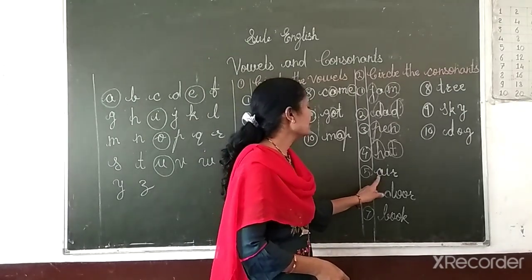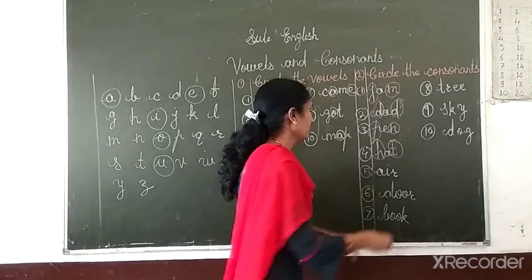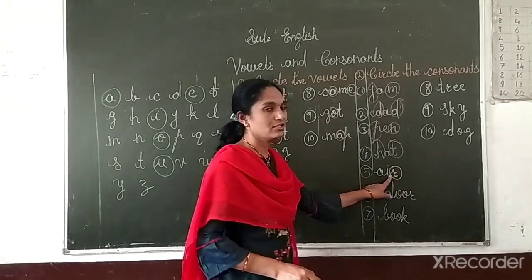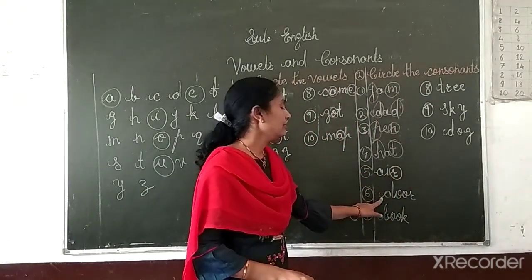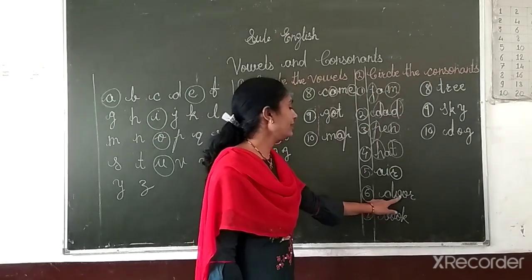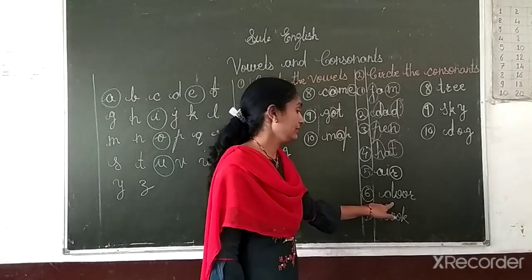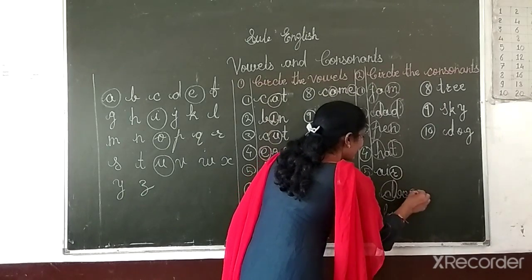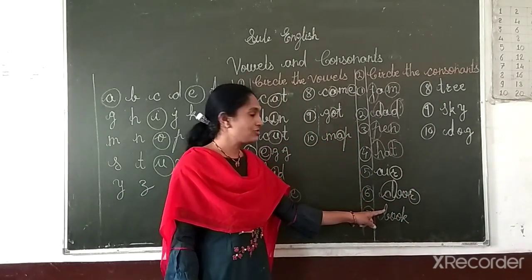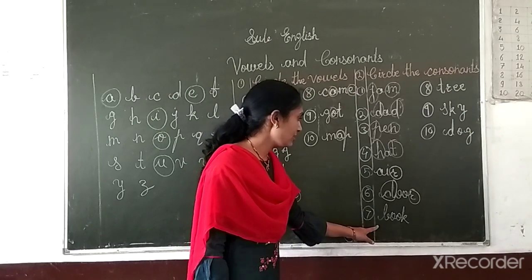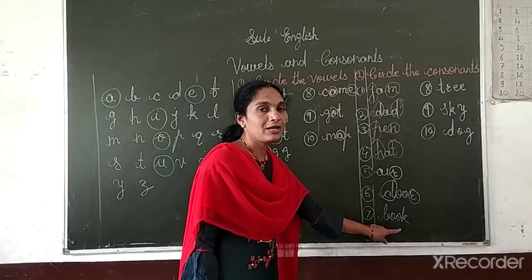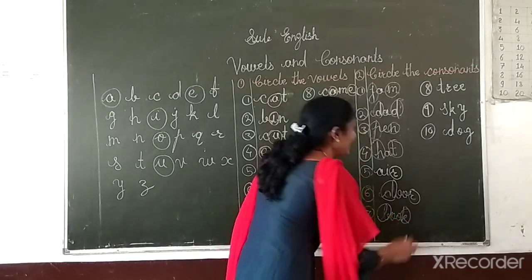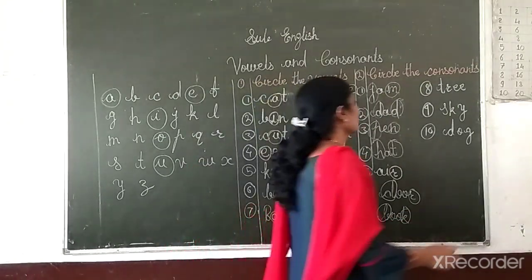Next word is air. And here R is a consonant sound. Then the word here is B-O-O-R. In this word, B and R are two consonants. Next word, B-O-O-K, book. In this word, B and K are consonants.